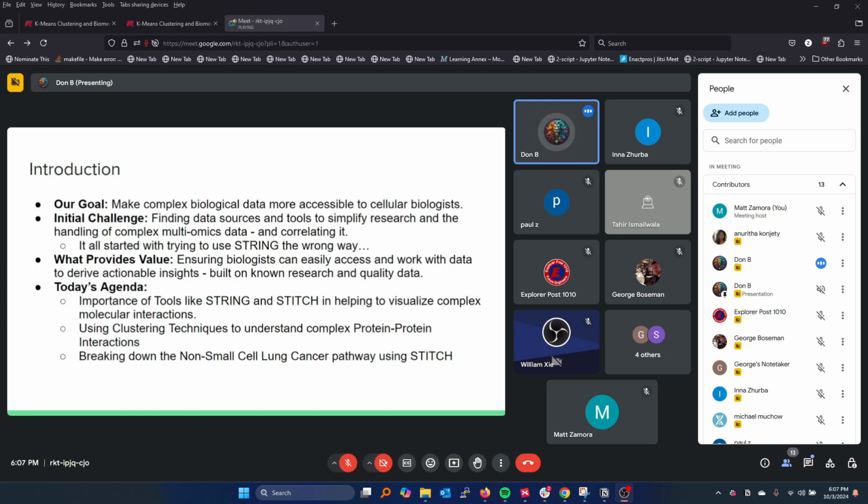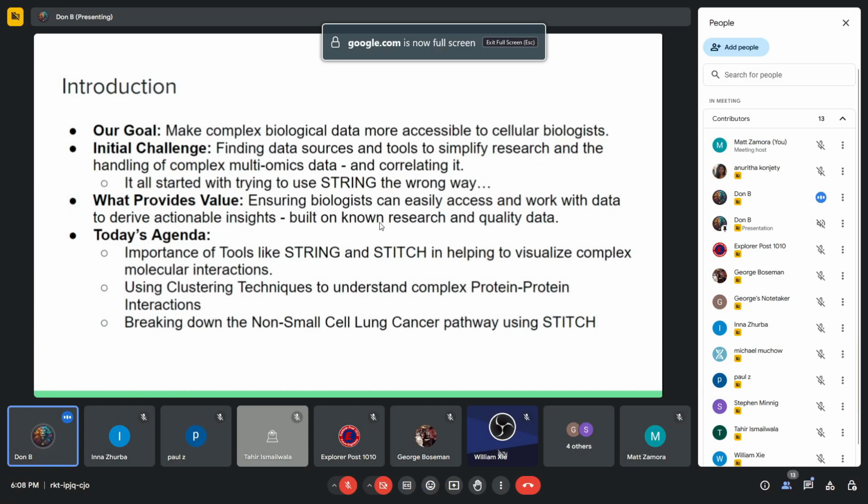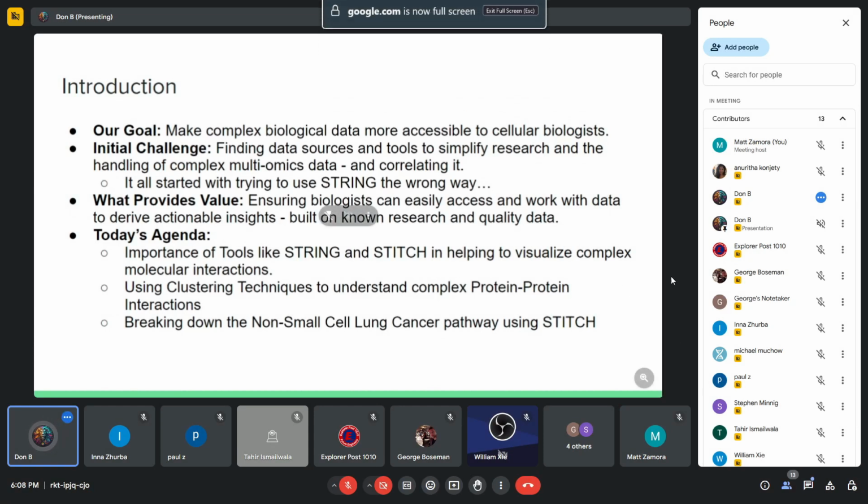As I was indicating, once we dove in, one of the things that became clear is that we needed to focus on tools that really helped make this biological data accessible to the core audience and core stakeholders, which is the cellular biologist, also known as Paul in our group.